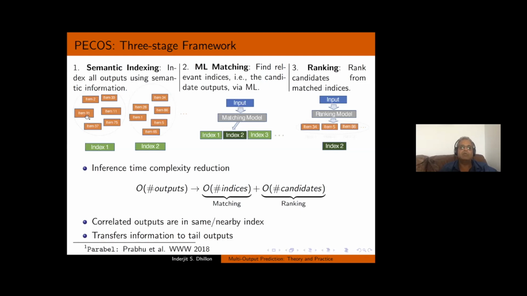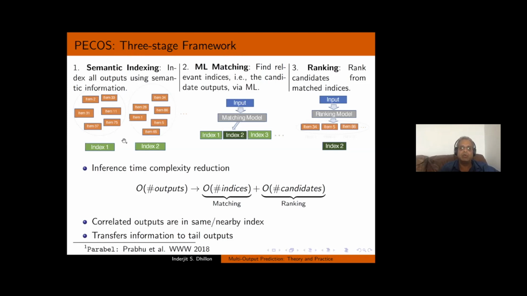This can be through either clustering or through some data structure such as a nearest neighbor data structure. So this parallels the lexical indexing step that's done in search engines. Here we call it semantic because it is somehow capturing higher order information between the outputs. Then we do a machine learned matching step.